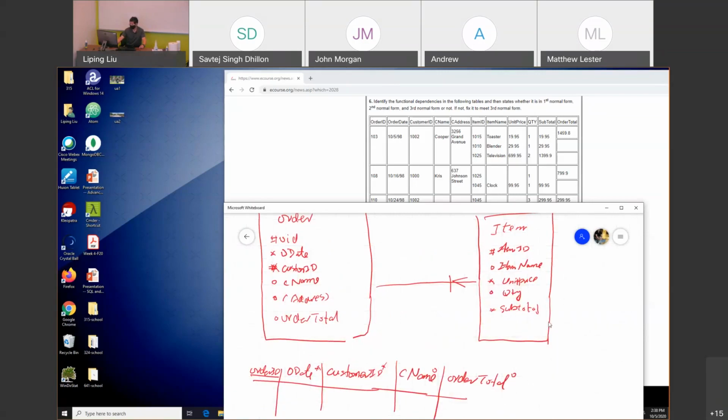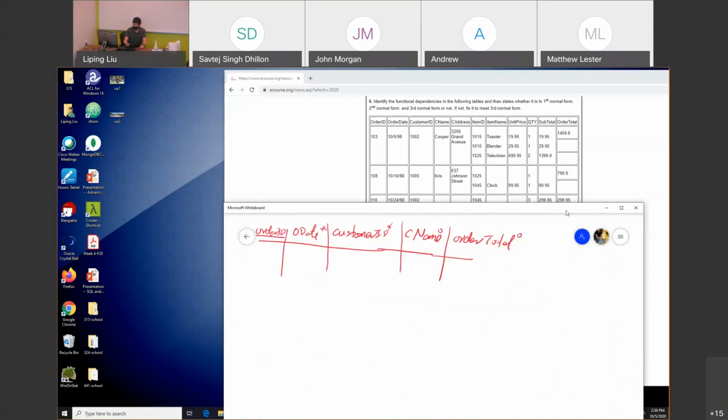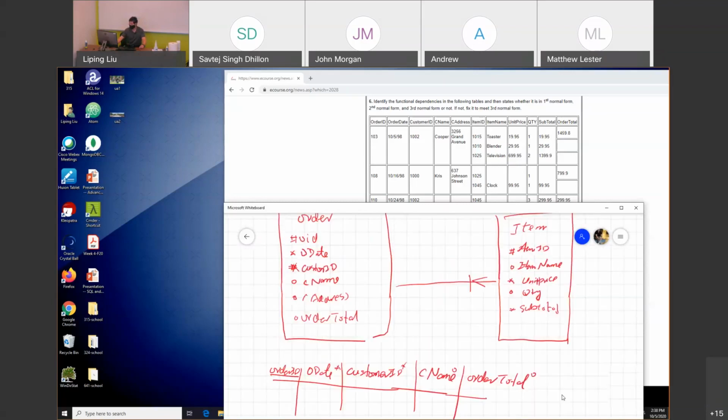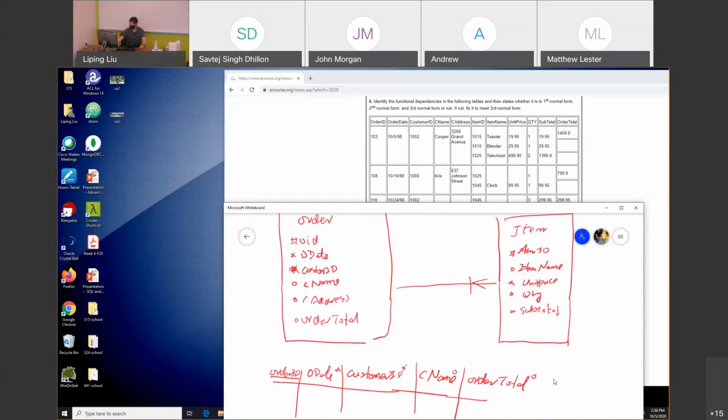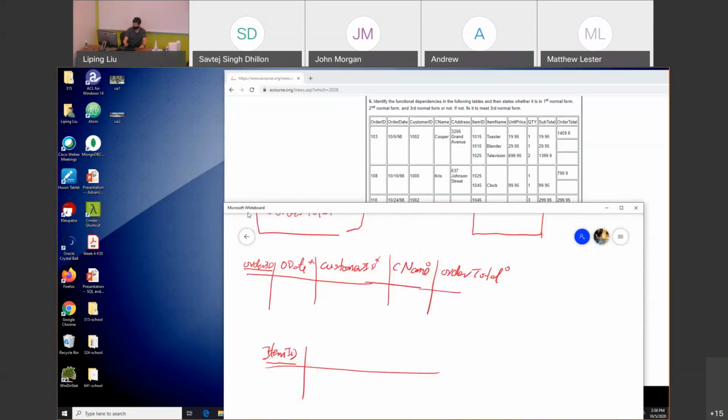And then for the weak entity, we have items. So let's do it here. We are going to have item ID. That's only part of a primary key, remember, okay? Because if you look at it here, that is not a full ID because of the weak entity. And then item name. Okay, unit price.